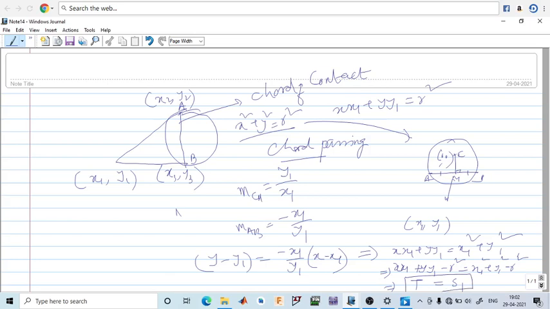So this is the equation of chord of contact, right? And this is the equation of chord passing, and the equation of chord of contact is this. They are different. You must remember this one, don't be confused.